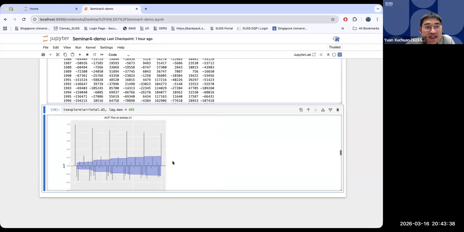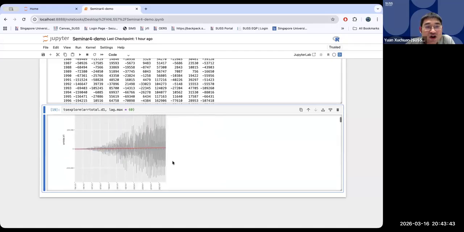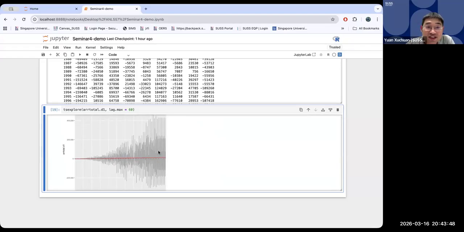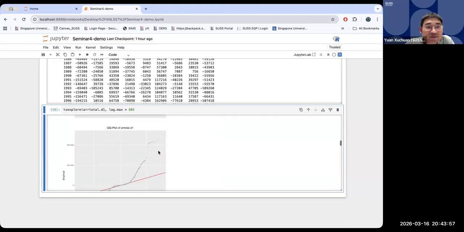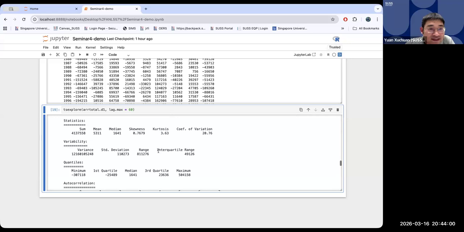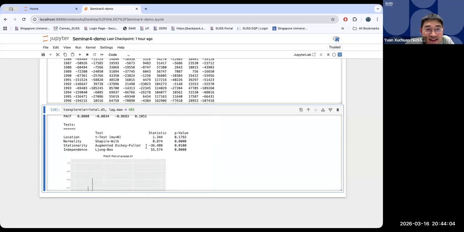So if you look at the line plot, of course, this first order difference time series is not stationary, right? It's not stationary, if you look at the plot and the ACF, PACF. Now if you look at the test statistics with the autocorrelation test, here the location is not zero, right?